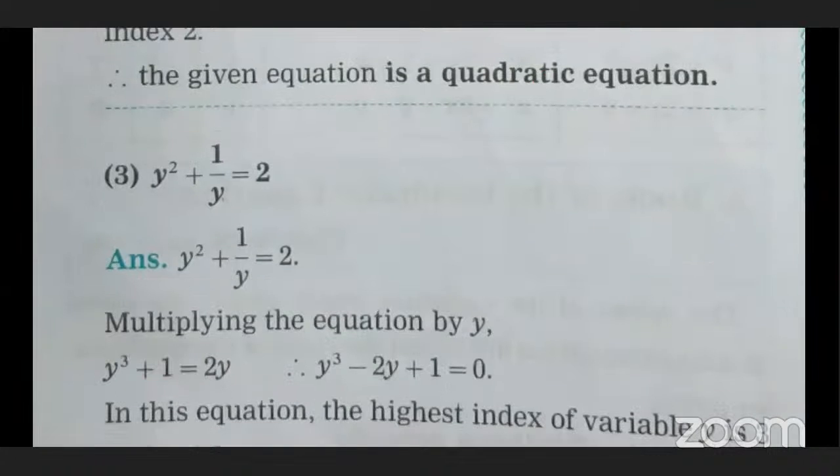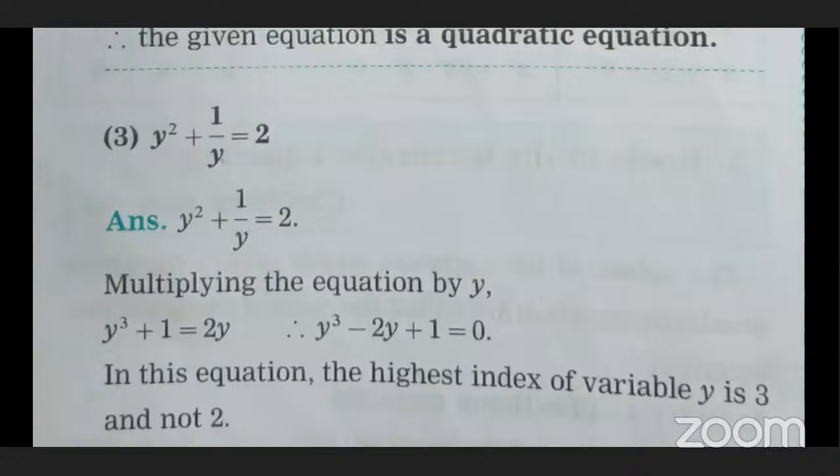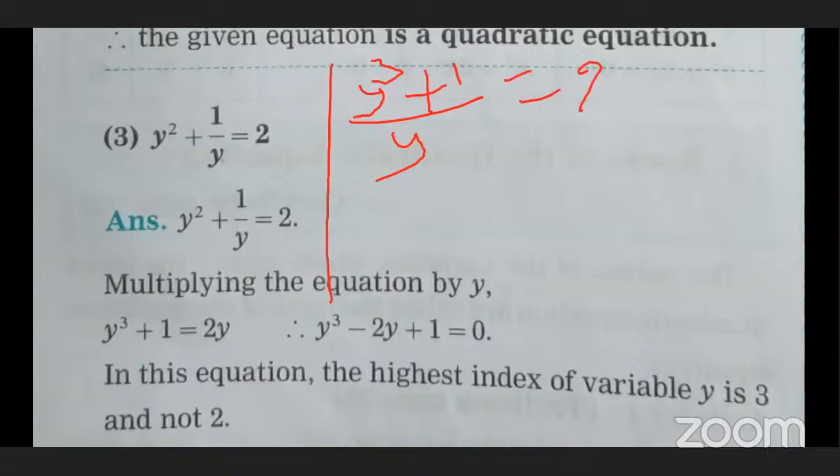Question number 3. y square plus 1 upon y equals to 2. We have to solve this question. See, y square plus 1 upon y, first take y as LCM. y into y square is y cube, plus 1 equals to 2y. So y cube plus 1 equals to 2y.